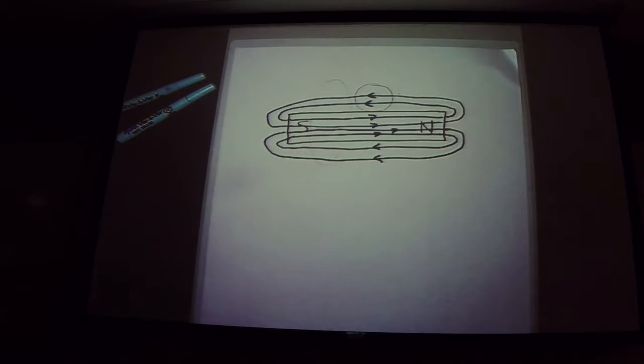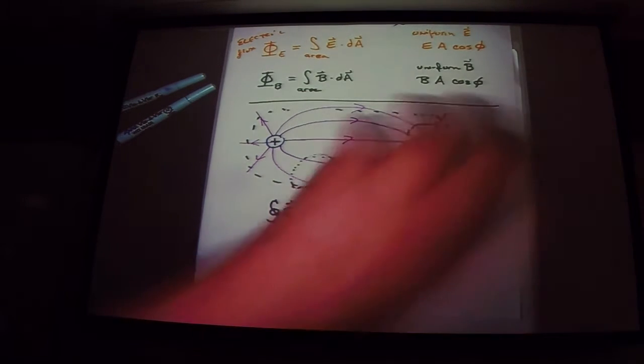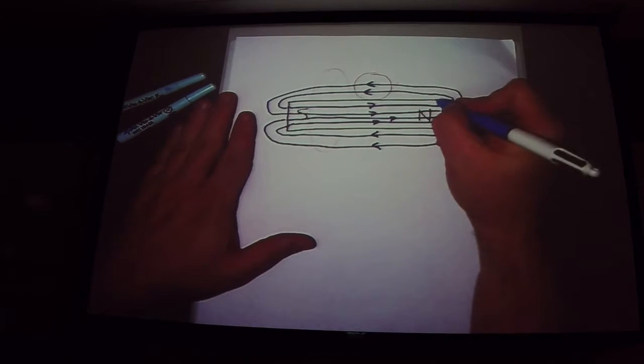But wait a minute, how did I get that to not be 0 for the electric case? I circled the charge. So what we can do here is try to circle one of the poles. Let's circle this north pole.